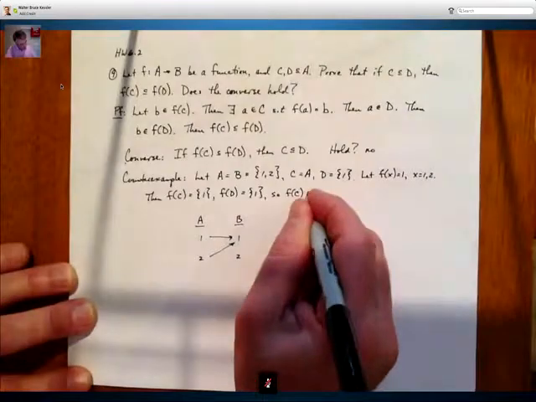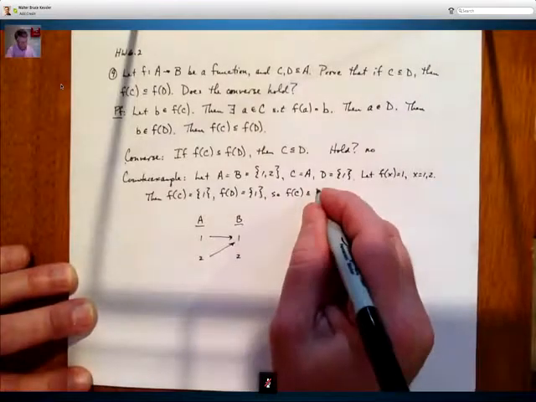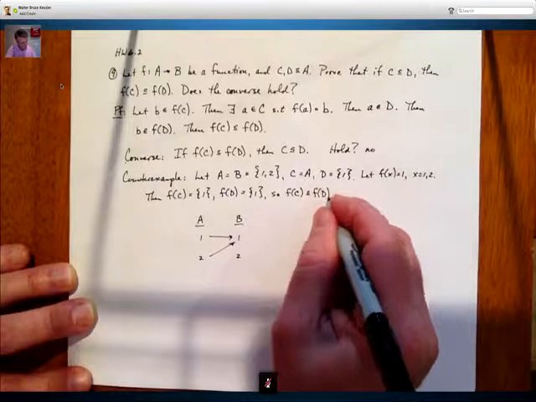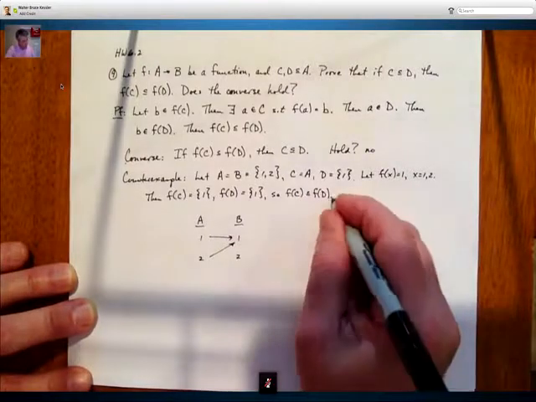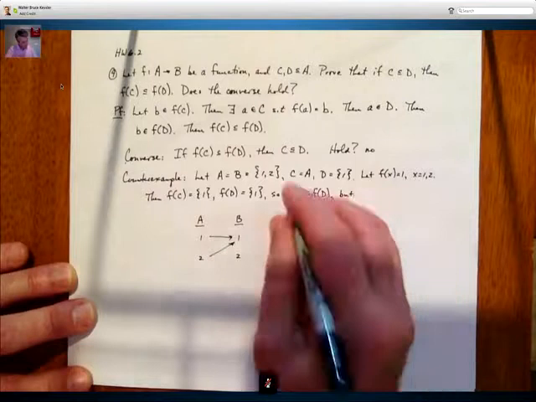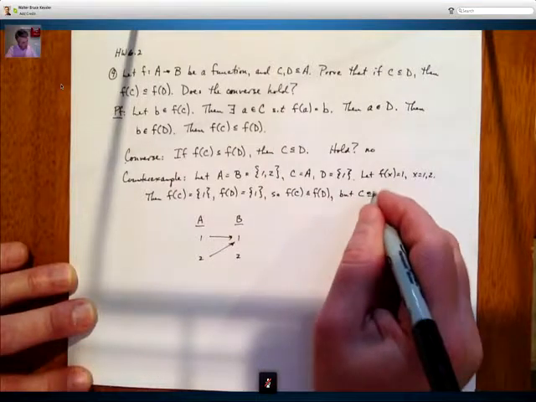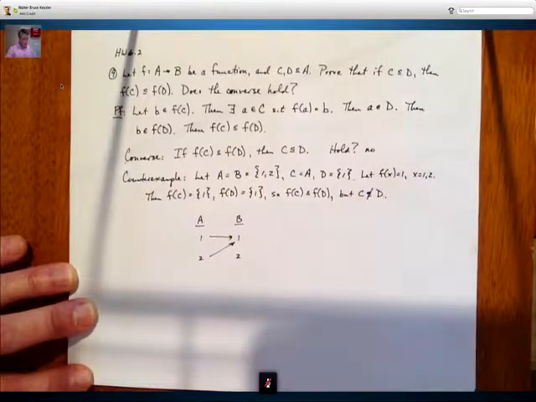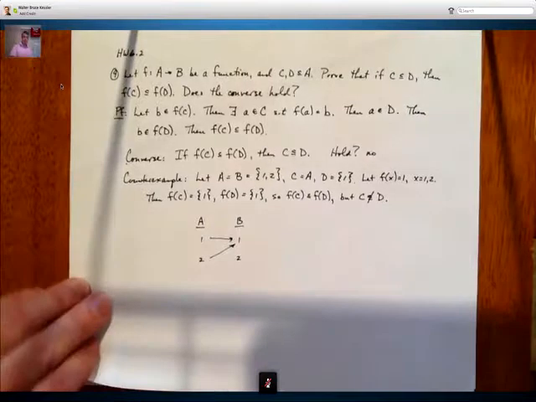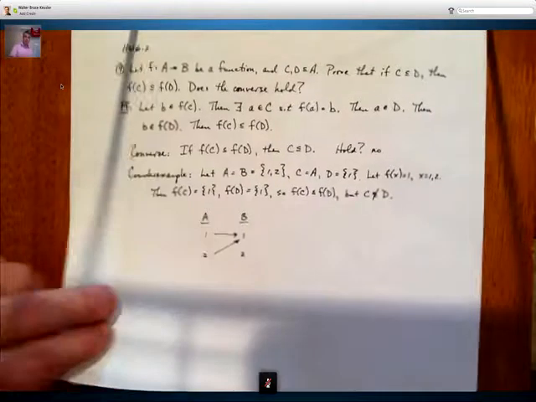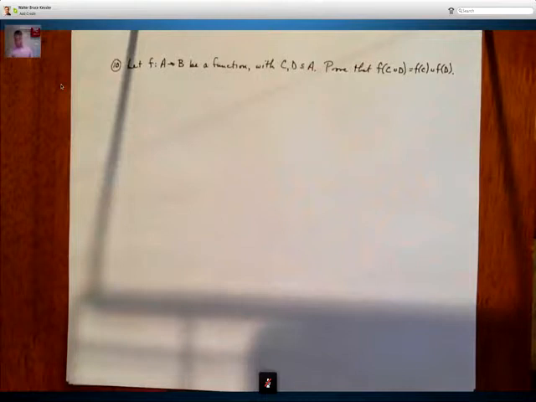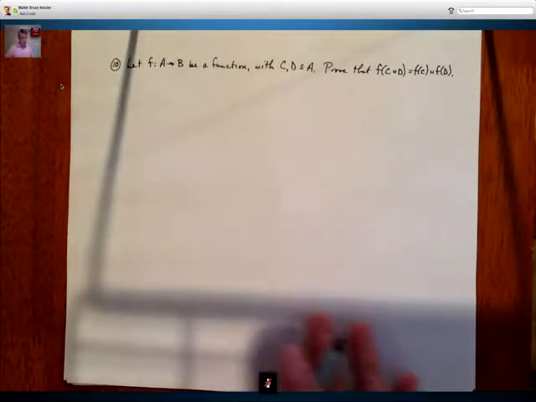So I do get f of C as a subset of f of D, which is what I wanted. But you can tell here C is not a subset of D. So the converse will not hold. Alright. First one out of the way.